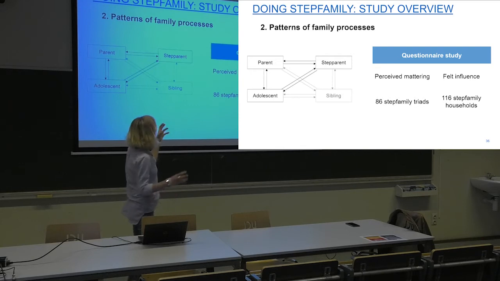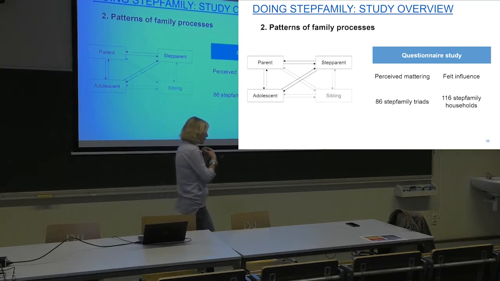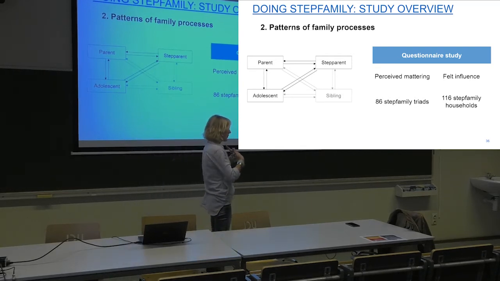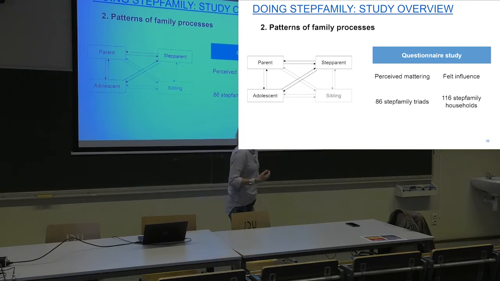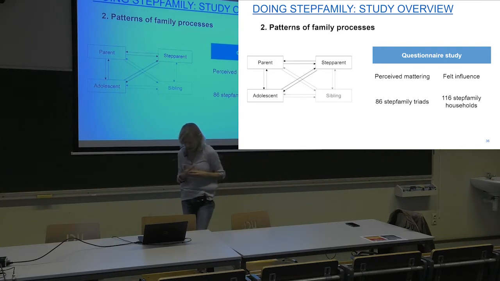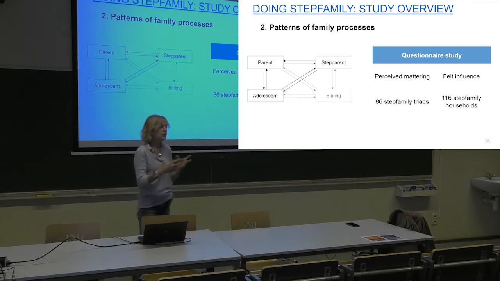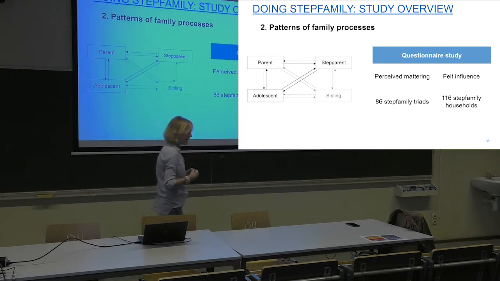And then the felt influence. This is about, do you have the feeling that you have some effect on another person? And like we will see with Jan's study, it's both intentional and unintentional. Intentional influence is things like, if I want something, I know how to do that with my mother.